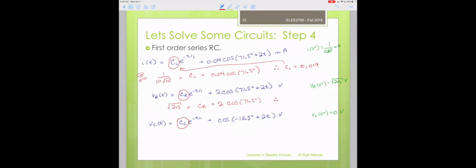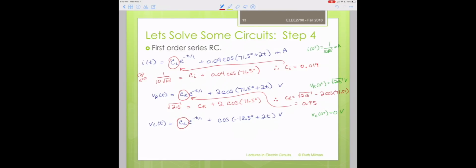Therefore, if we rearrange this information, we see that CR is equal to the square root of 2.5 minus 2 times the cosine of 71.5 degrees. This is just equal to 0.95. Take that value, plug it back into the constant, and we have an answer.